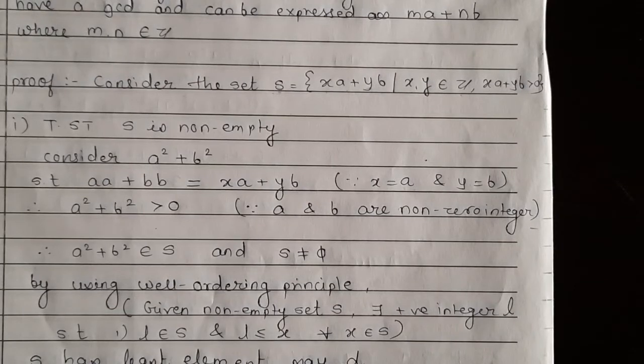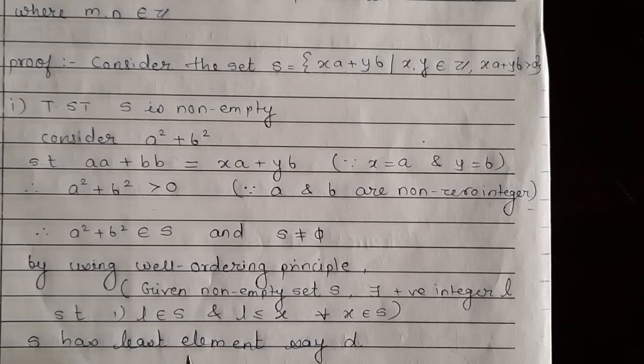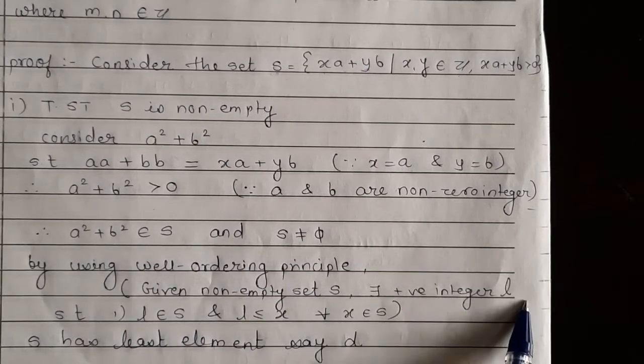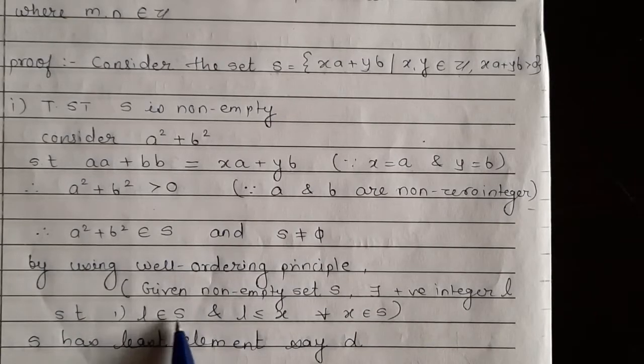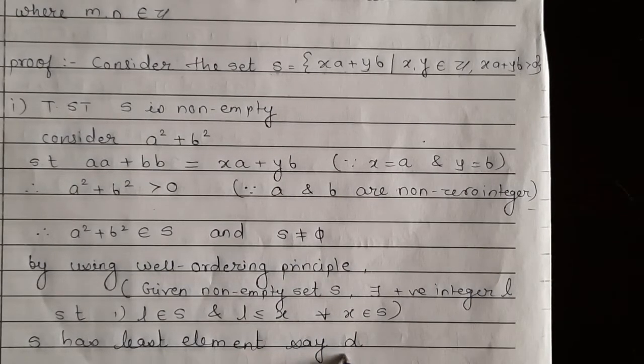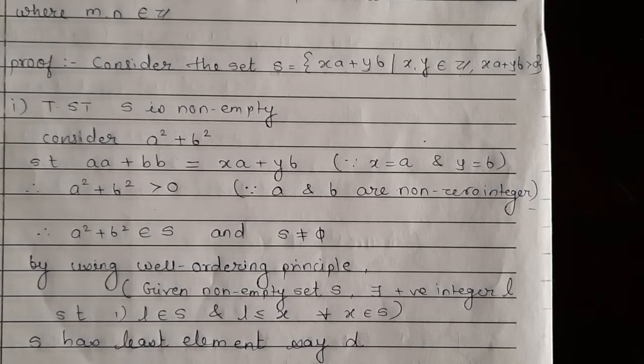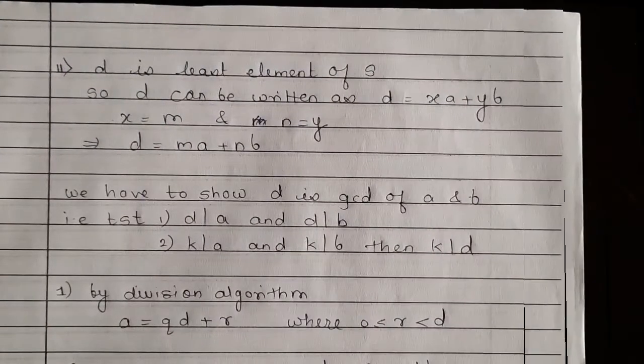Now by using the well ordering principle, that is, given a non-empty set S, there exists a positive integer l such that l belongs to S and l is less than or equal to x, where x belongs to set S. Therefore from the set S we have a least element, say d. We take d as the least element of the set in the first step.